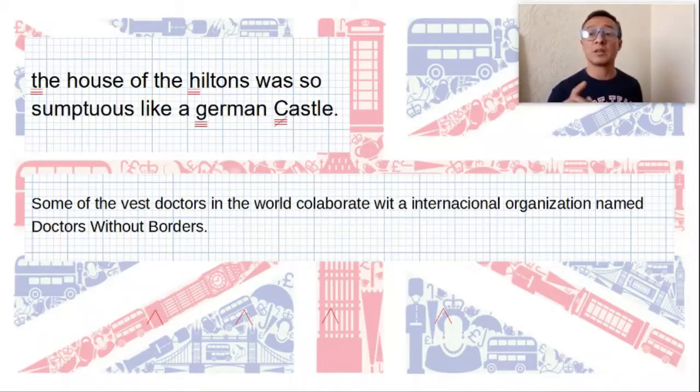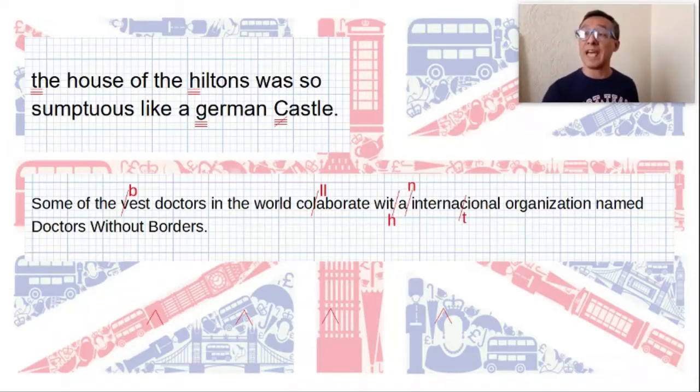When the error is in the spelling of a word, we use diagonal lines to indicate that a letter must be added or replaced. Near the diagonal line, we write the letter to be added or the replacing one.